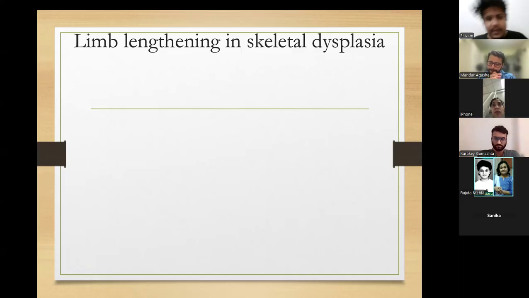If they come and tell us that they have some functional disability, we may consider it. But as such, in achondroplasia, normally they will not have any functional disability. They can carry out their normal day-to-day activity. So it will be more of a cosmetic lengthening.